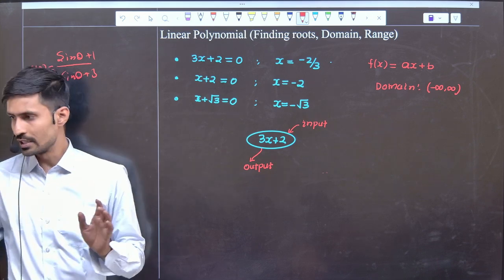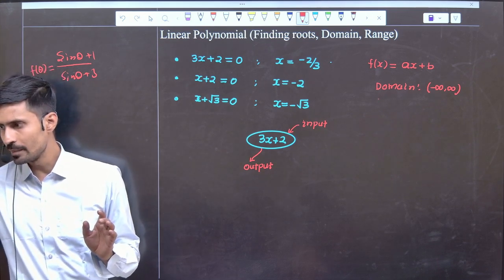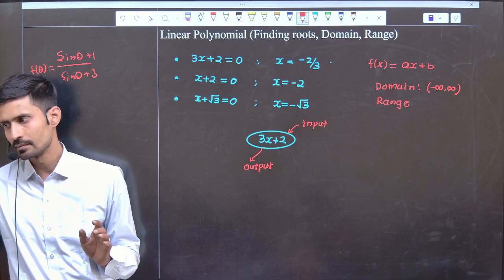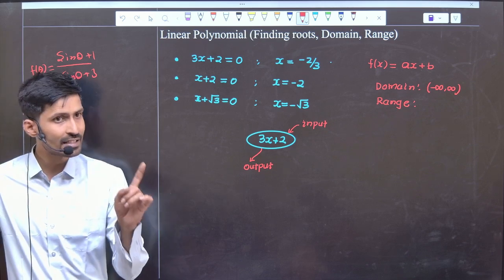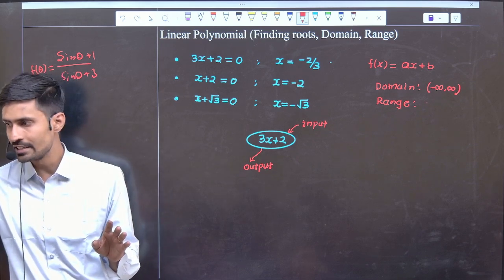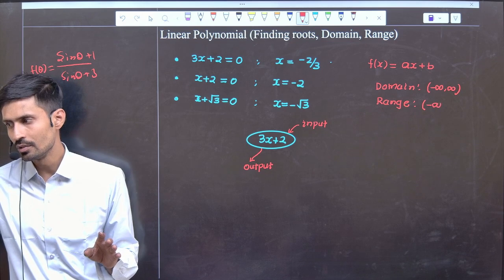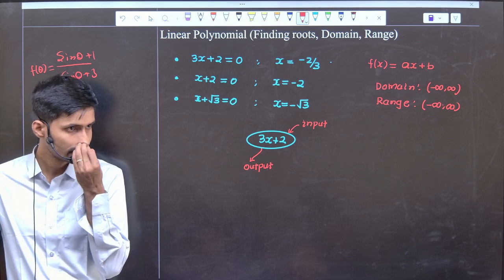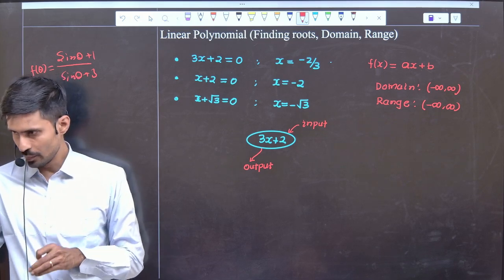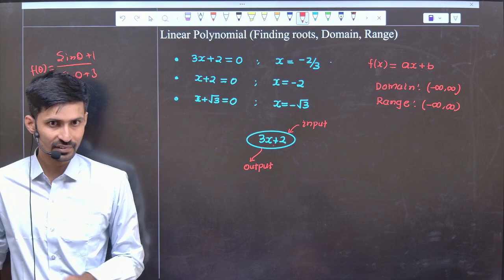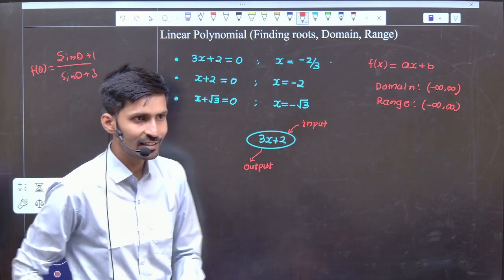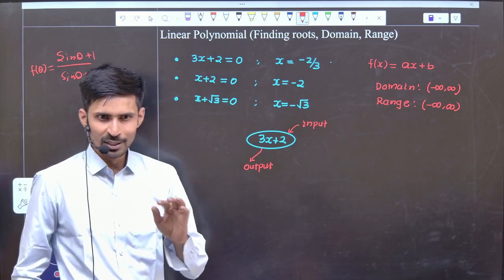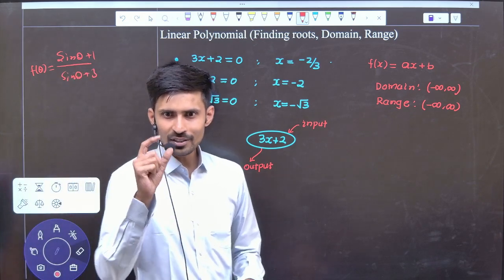Now the question is, sir, what will be the range? When the domain is minus infinity to plus infinity, the range is also minus infinity to plus infinity. You want to see how? Just remember the range technique I have told you. In the first class, what was the first step?